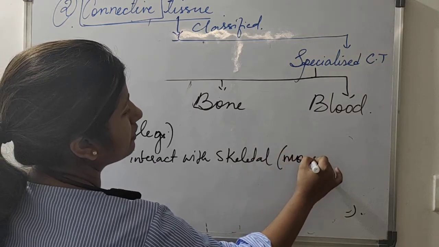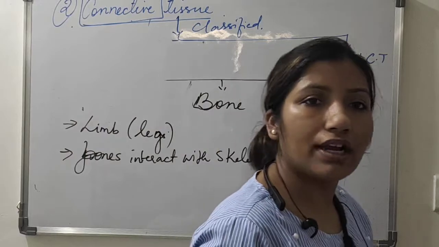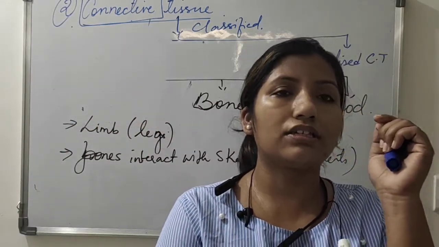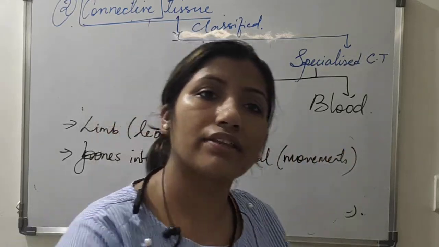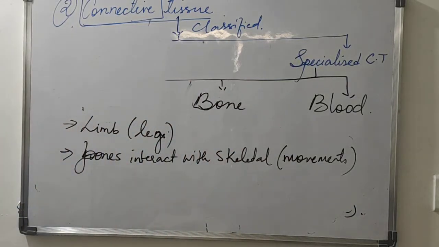For movement. So the movement we do with our legs and with our hands is not only the bones, it is a collaborative work of bone and muscle. Bone and muscle together work to do the movement anywhere in our body.